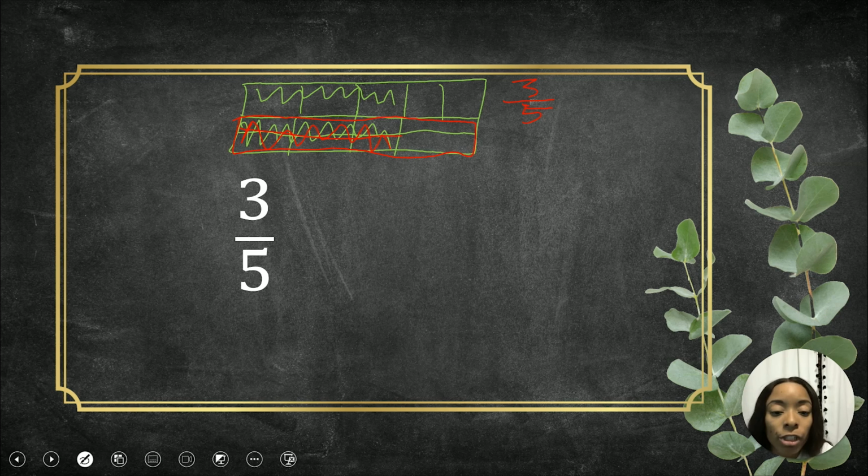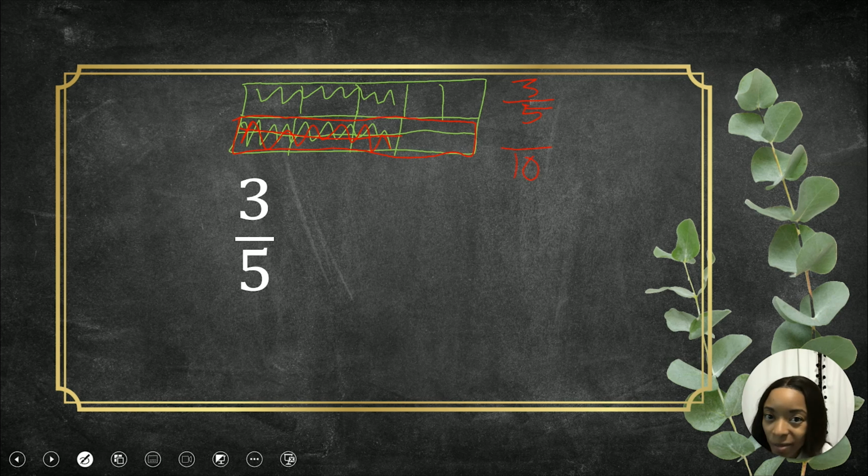My bottom fraction has 10 parts in the whole, but I never mentioned how many parts were in the numerator. That's what we're going to figure out now. So in order to get to 10, I have to multiply 5 by a number, and that number is 2. So 5 times 2 equals 10.